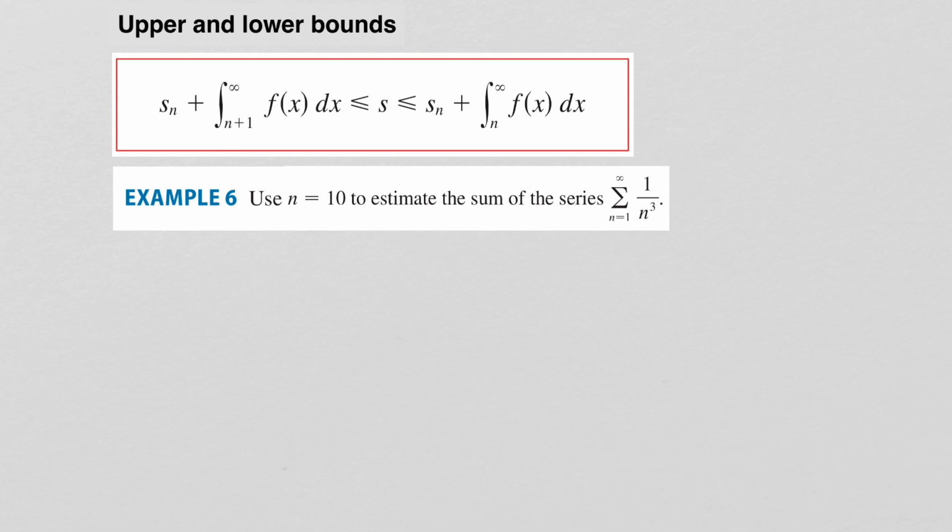So what we know here is that the actual sum of the series S is going to be less than or equal to S10 plus the integral from 10 to infinity of 1 over x cubed dx, and it will be greater than or equal to S10 plus the integral from 11 to infinity of 1 over x cubed dx.